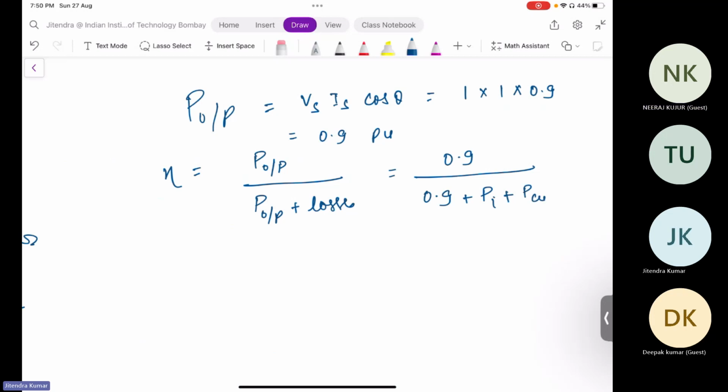Okay, so iron loss first, let us compute. So Vp square divided by R excitation per unit.